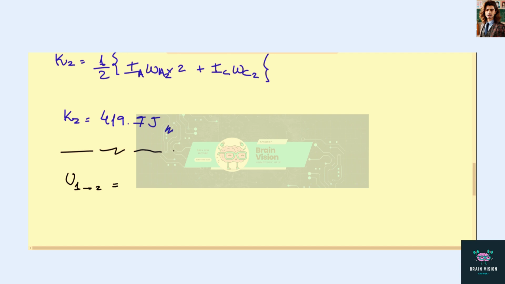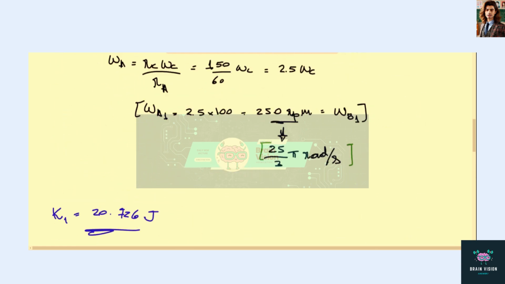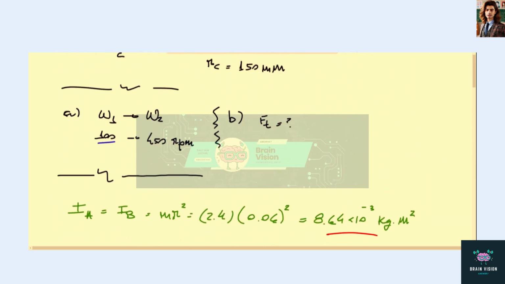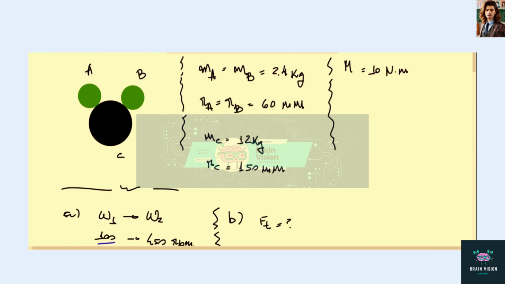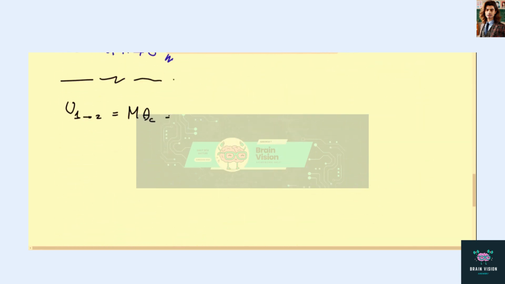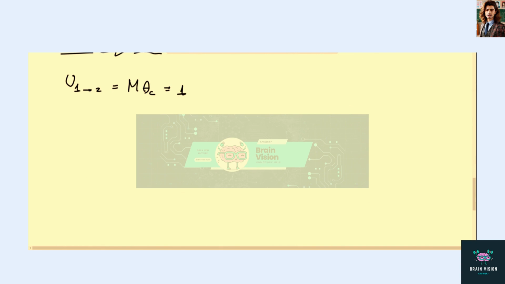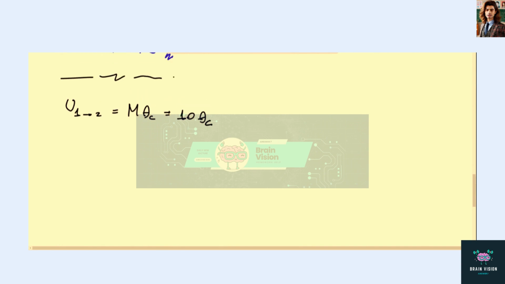And that's given by the magnitude multiplied by the angle of rotation of the gear C. And the magnitude, as we saw at the beginning of the problem, is just 10. Therefore, this is going to be equal to 10 theta C. And theta is precisely the answer that we want.